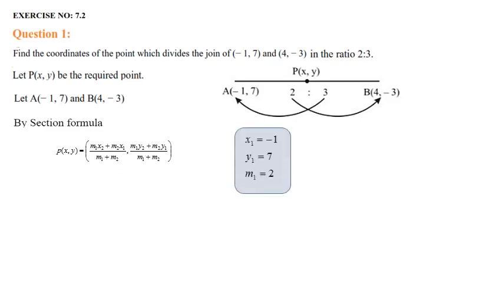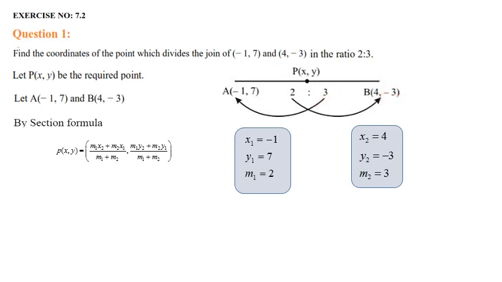First of all, we have to write from here. This is the first point, that is (-1, 7). From here we can write x1 is equal to -1, y1 is equal to 7, and m1, that is this part, is equal to 2. And for the other point B, I can take x2 as 4, y2 as -3, and m2 is 3.